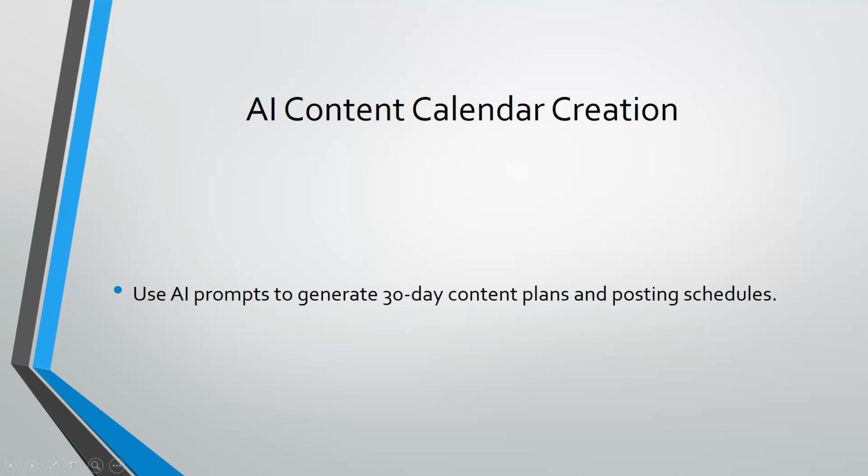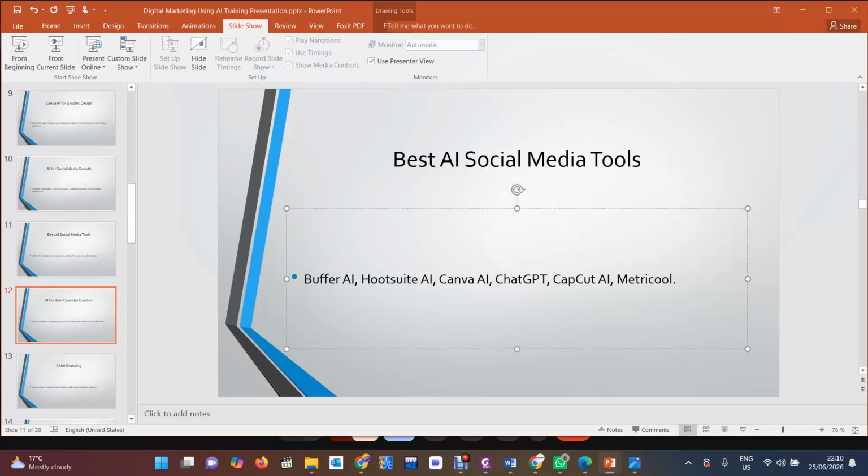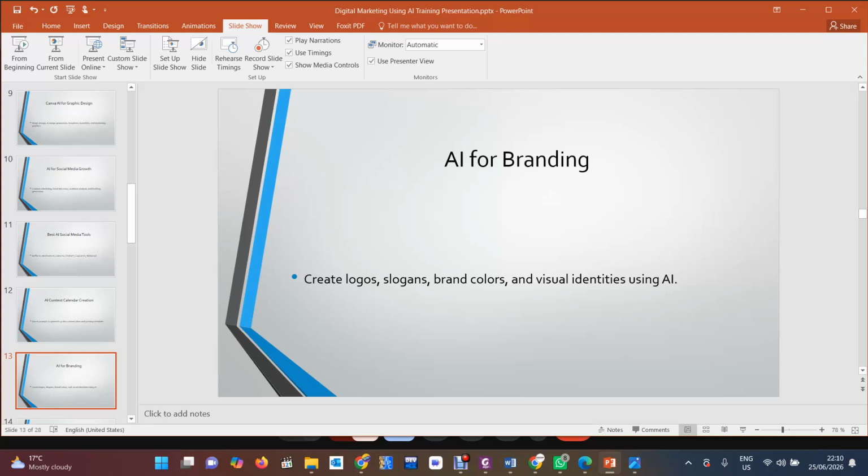So AI content calendar creation. Use AI prompts to generate 30-day content plans and posting schedules. Now, for example, you want maybe a content plan that can suit that.